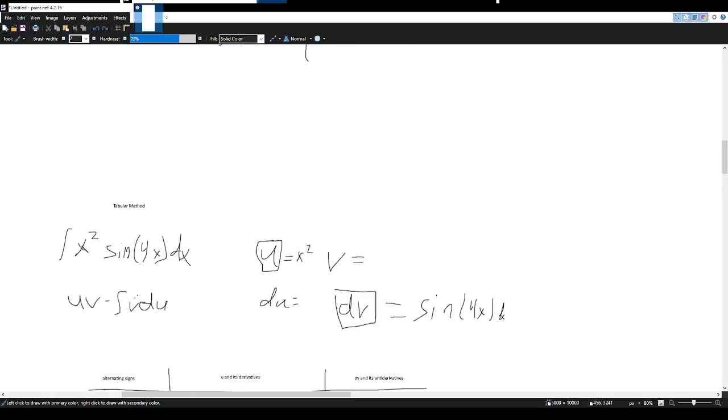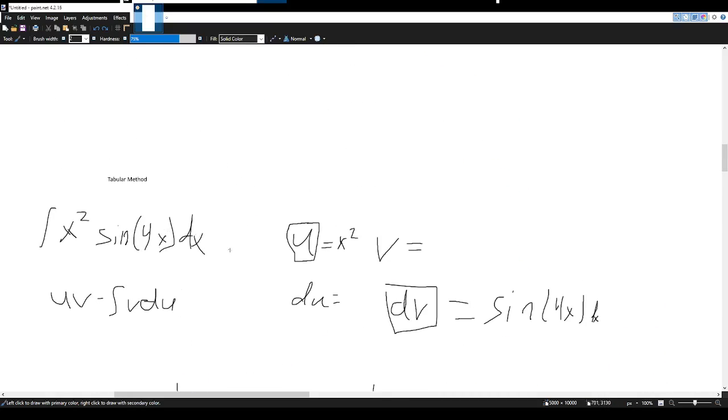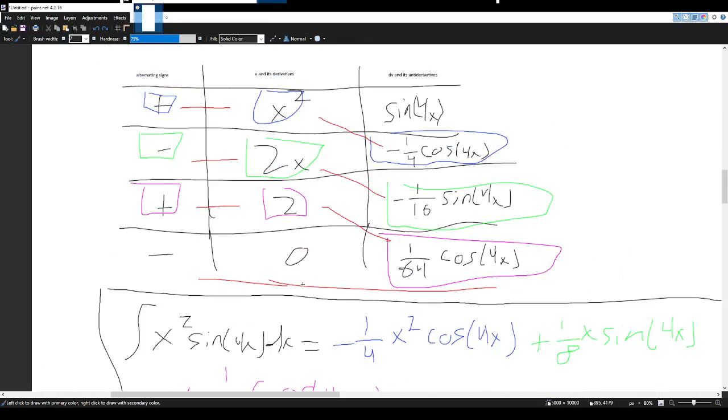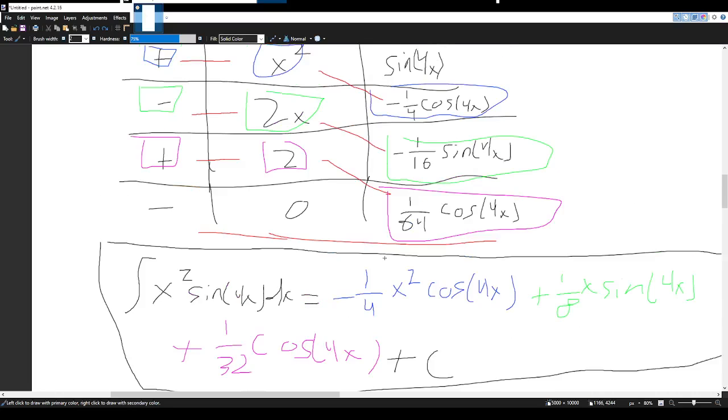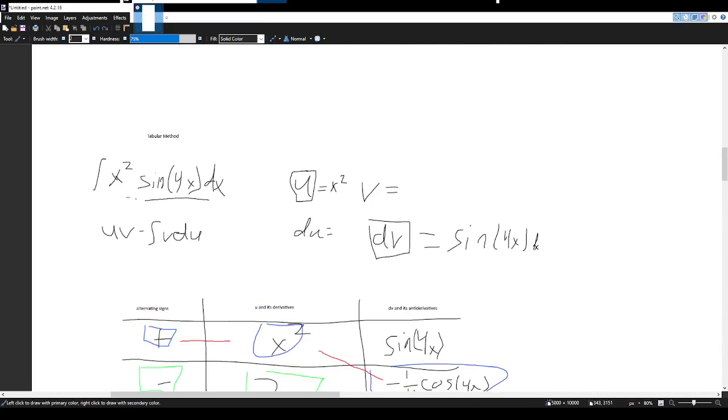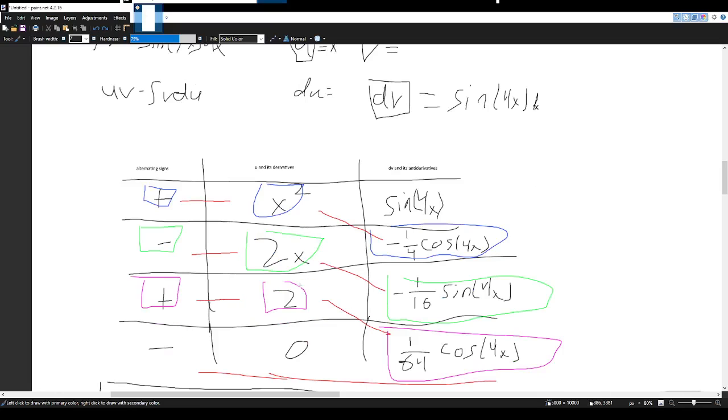So if you're going to have to do it multiple times, this method is pretty good. And usually you can tell because it's going to have trigonometry and then something like this which eventually differentiates down to 0.